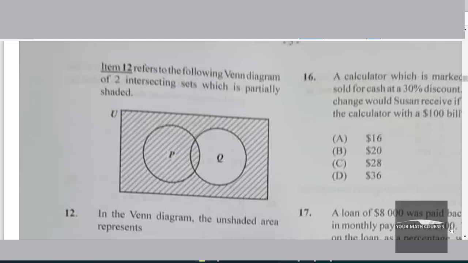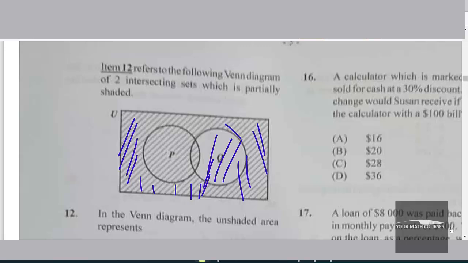In the Venn diagram, the unshaded region represents. So now I'm going to shade P prime. If I'm shading P prime, it will be all the region outside of P. So this is P prime.